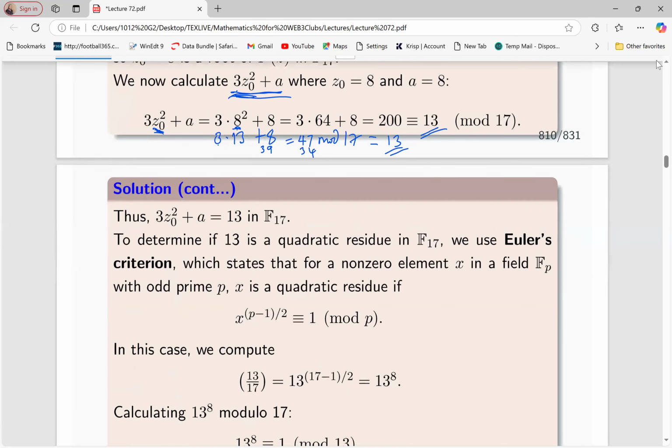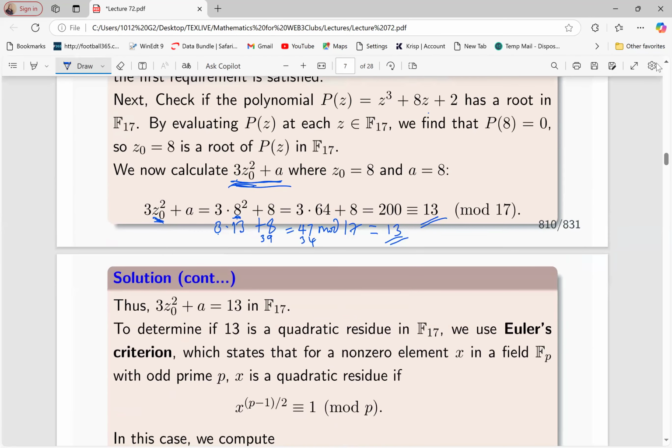But the question is, does it have a square root? That is what the condition talks about. Let's go back to the condition. What does the condition say? The condition says that this value must be a quadratic residue.